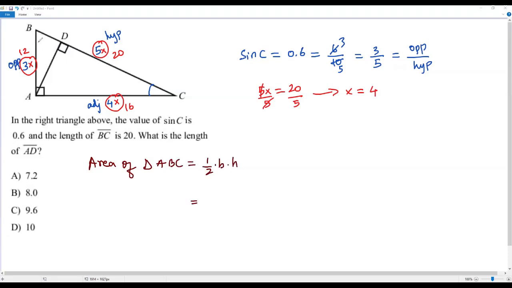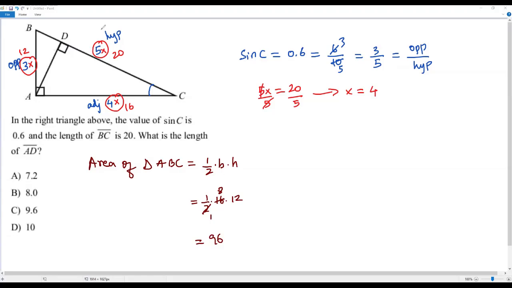Since it's a right triangle, one leg can be considered the base and the other leg the height. Plugging in 16 for the base and 12 for the height: 2 goes into 2 1 time and 2 goes into 16 8 times. 1 times 8 is 8, and 8 times 12 is 96. So the area of triangle ABC is 96 square units.